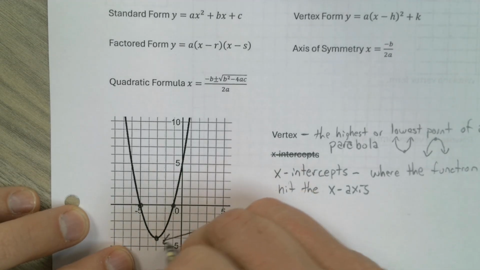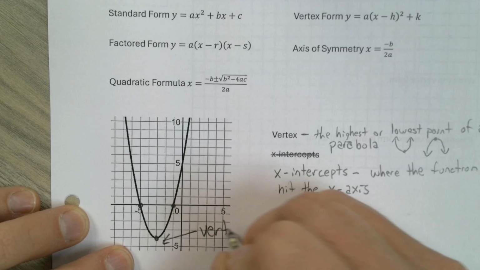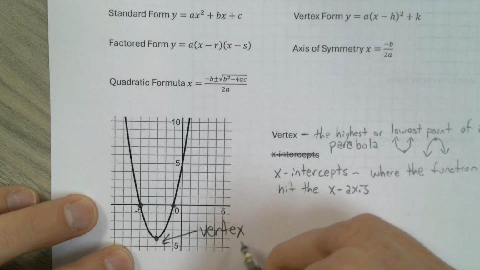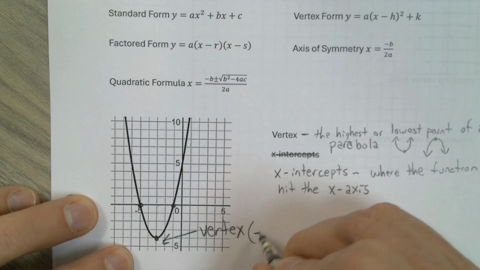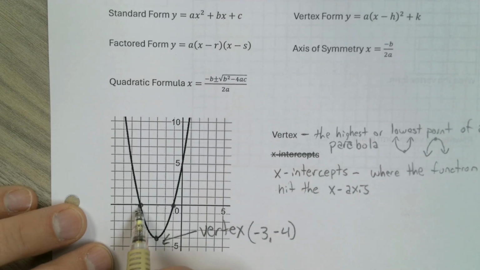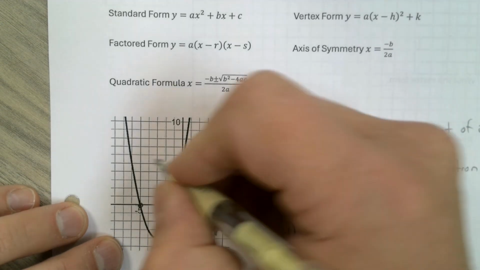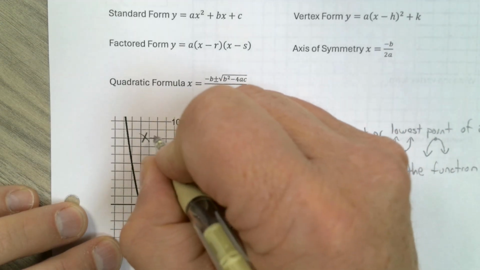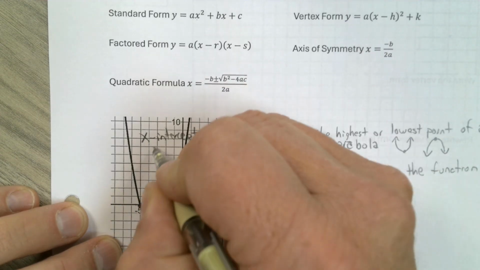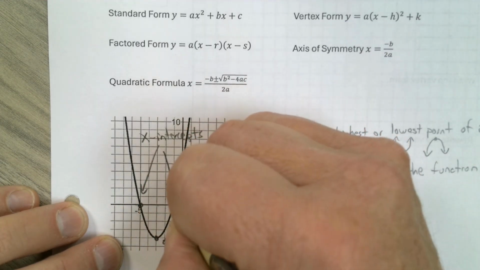So we'll go ahead and draw a line here. We'll say vertex. And then its coordinates are 1, 2, 3 to the left, 1, 2, 3, 4 down. So this vertex is going to be -3, -4. That's its coordinates. And the x-intercepts are here and here.